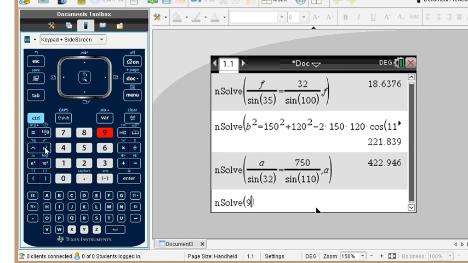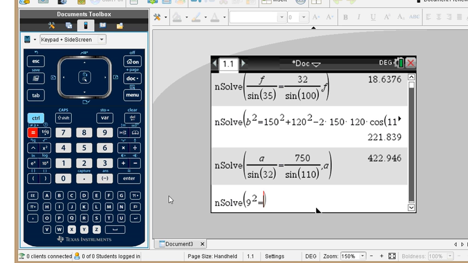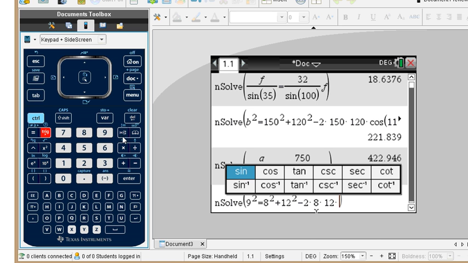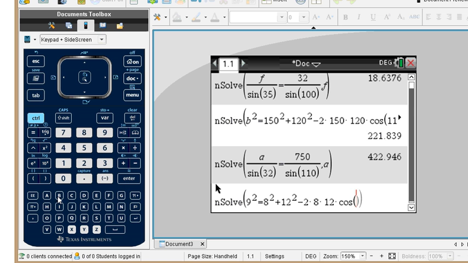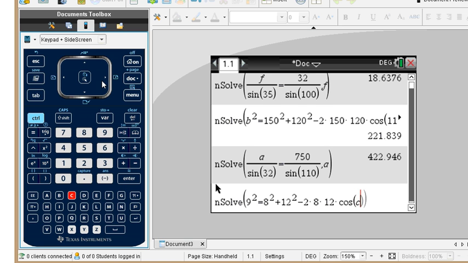We have 9 squared equals, it doesn't matter which order, I'm going to say 8 squared plus 12 squared minus 2 times 8 times 12 times cosine C. We go over here, put a comma, and put in C. Make sure we're in degrees.